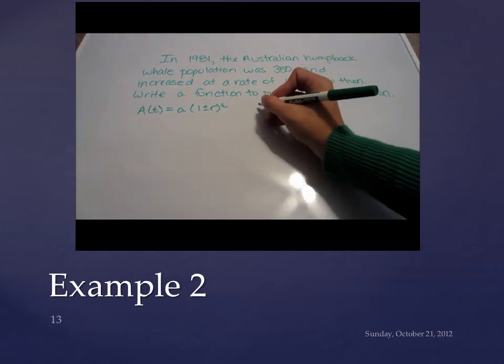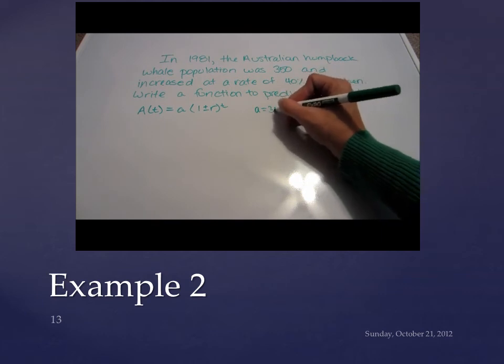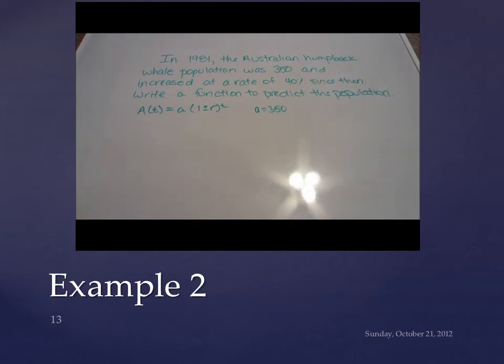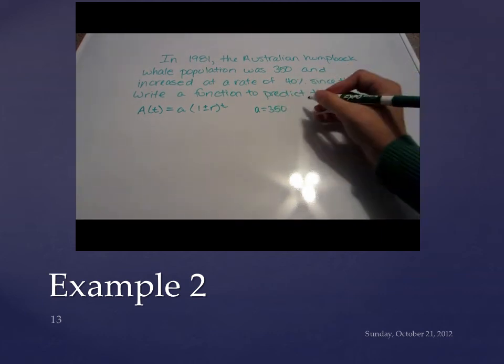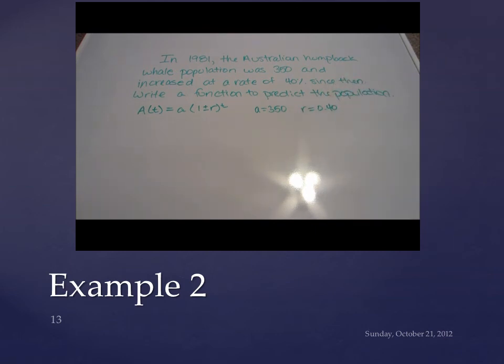So our A is our initial population. So A is 350. Our r is the rate. Remember, we have to change it to a decimal, so we move the decimal point over 2 spaces and get the rate is equal to 0.40. Now we can plug these in to get our equation.